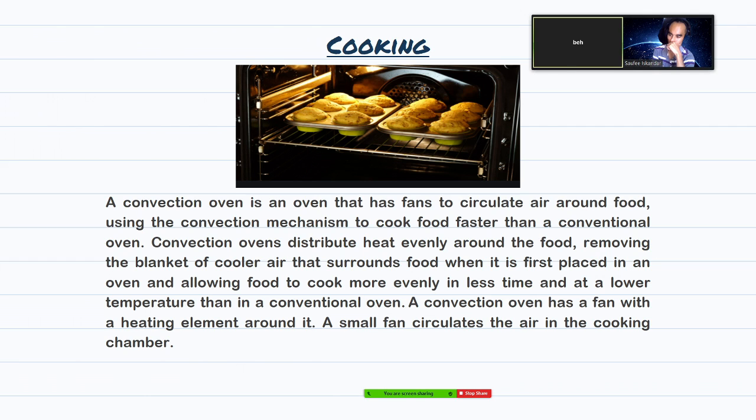Convection ovens distribute heat evenly around the food, removing the blanket of cooler air that surrounds food when it is first placed in an oven, and allowing food to cook more evenly in less time and at a lower temperature than in a conventional oven. A convection oven has a fan with a heating element around it. A small fan circulates the air in the cooking chamber.